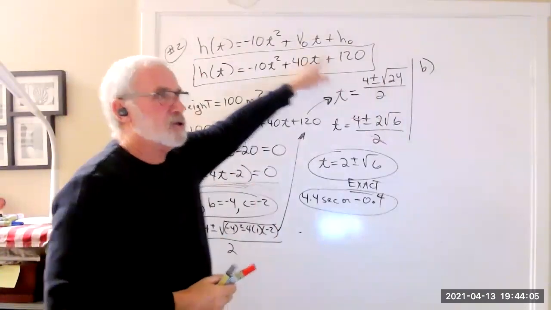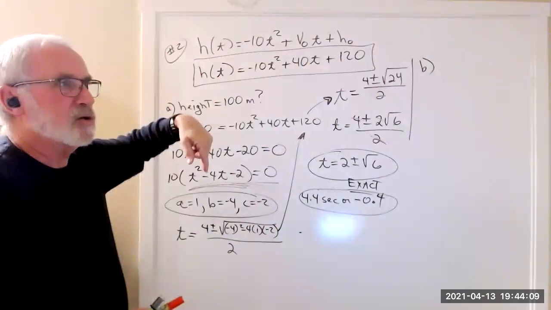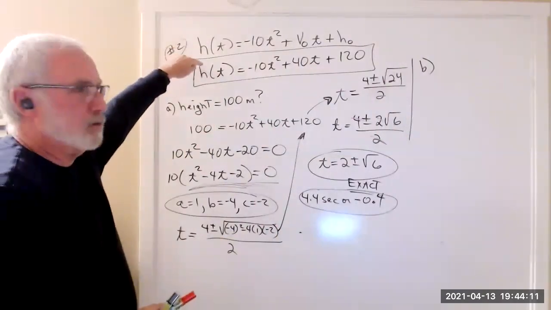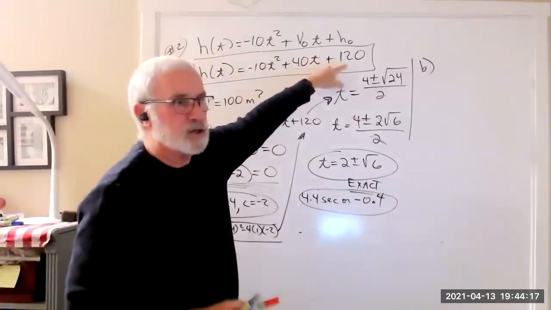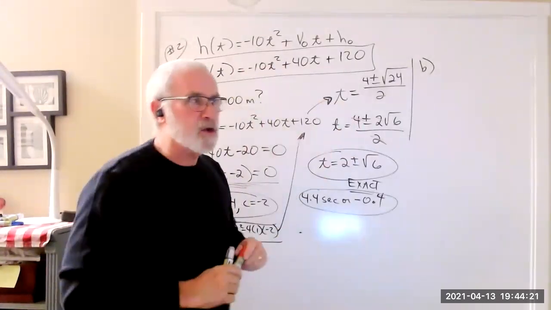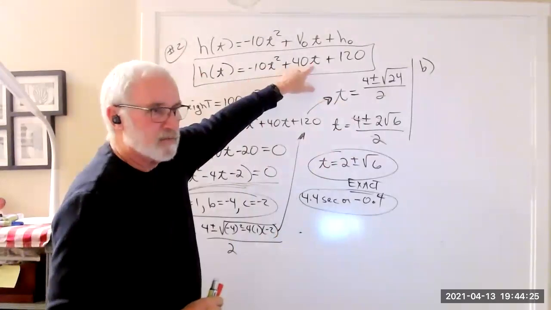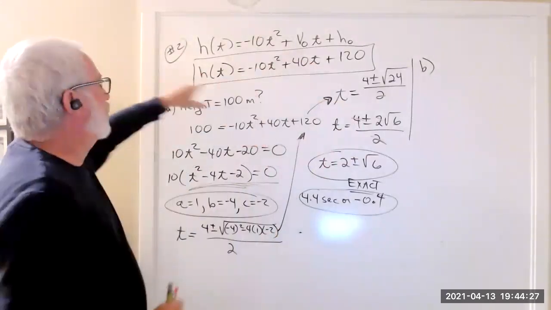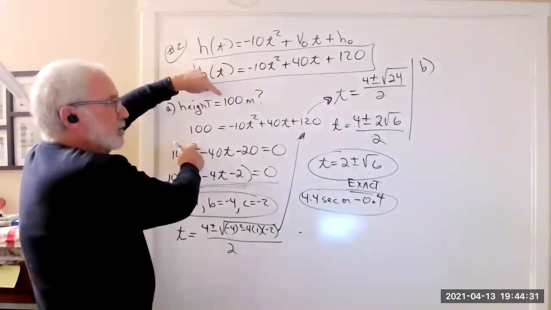So what's the only other height that we could change? The h of t. The 120 is your formula, you're stuck with that formula. The only thing you can do is either put a value for t, or you could say h of t is 100, which is what we did here.